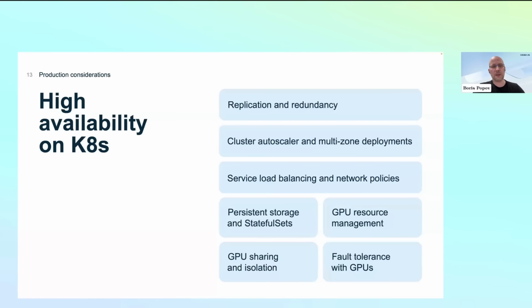It has cluster auto-scaling, load balancing, network policies, those kinds of things. Persistent volumes, of course, are another real important thing when it comes to storage. But specifically for GPU, there's a specific way we can automate GPU resource management and do GPU sharing and isolation as well. I'll show that in a little bit.